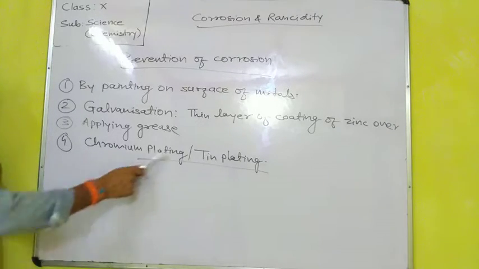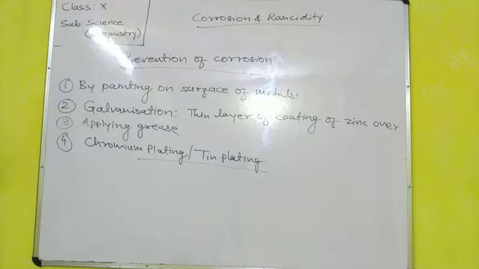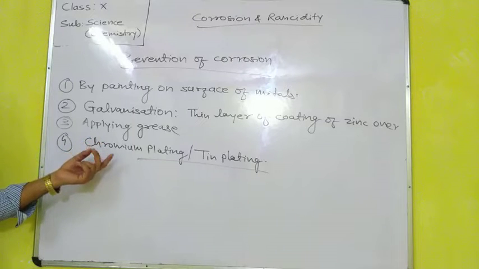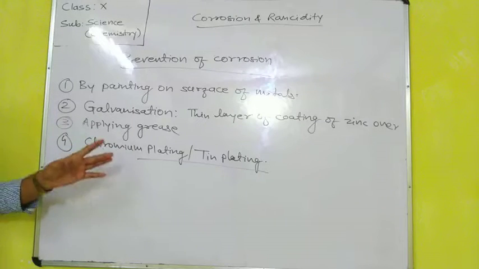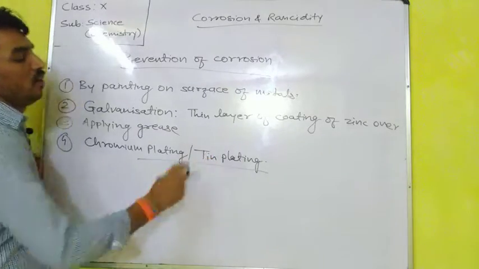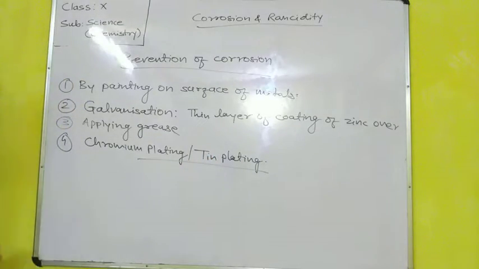Why? Because chromium and tin are less reactive as compared to iron or the remaining metals. So by chromium plating and tin plating we can prevent corrosion. A small layer of chromium surrounds the metal. When the metal is surrounded by chromium or tin, it is known as chromium plating or tin plating.